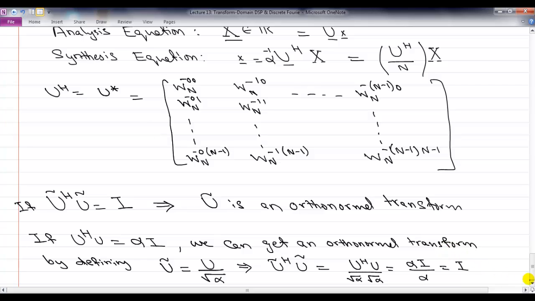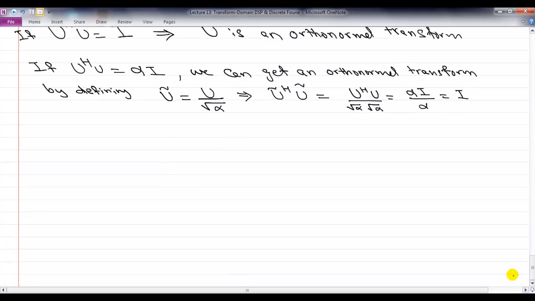So there is actually an orthonormal variant of DFT that sometimes is defined in the textbooks. Alpha in the case of DFT is N, so some people will define the DFT transform as U tilde equal to 1 over square root of N times U. Remember, in the case of an orthonormal transform, the analysis and synthesis equations are simply multiplying by U and U Hermitian.